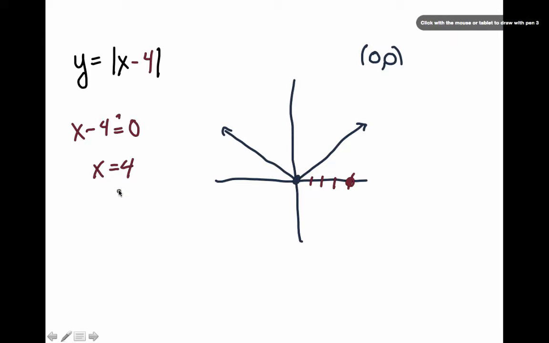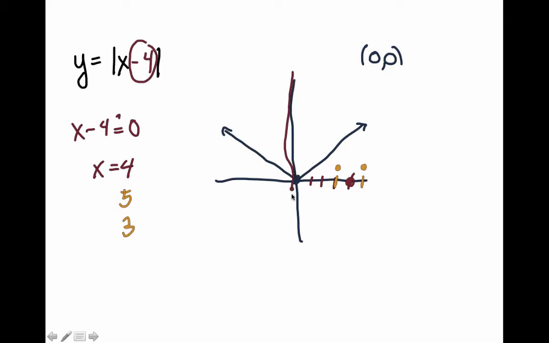And now if I plug in a 5, 5 minus 4 is 1. So now this point, exactly 1 unit to the right of there, is acting like 1. And if I plugged in a 3, I would get 3 minus 4. And now this point, when x is 3, is acting like a negative 1. This subtracting 4 has moved this line right here over 4 units right here.